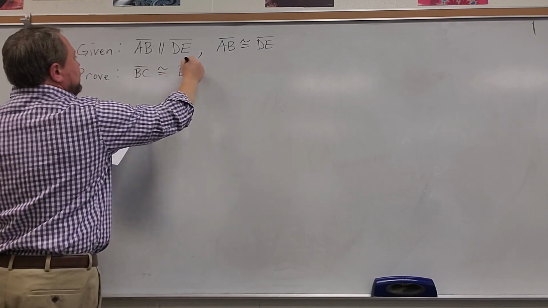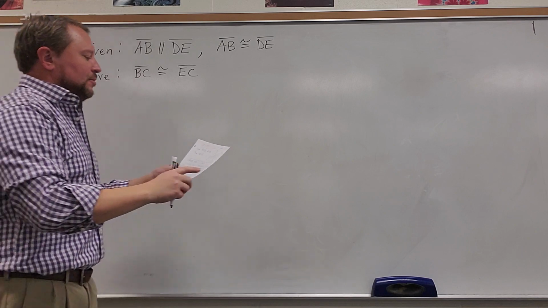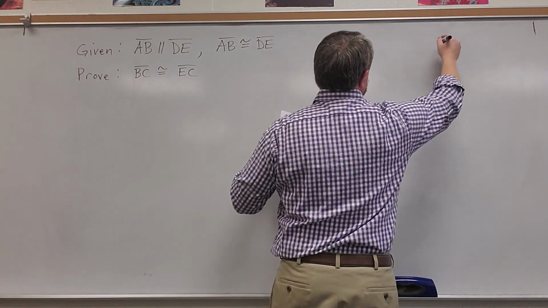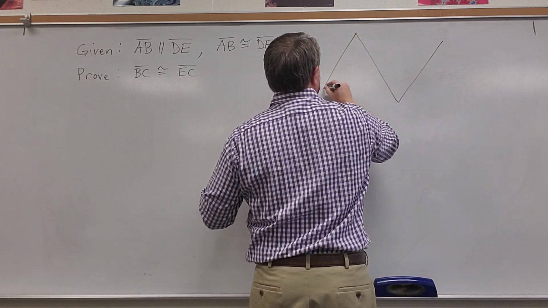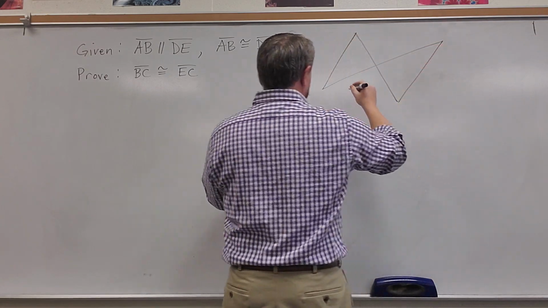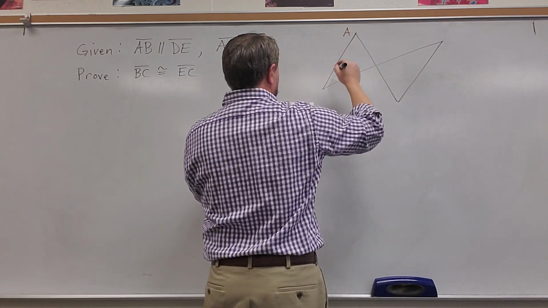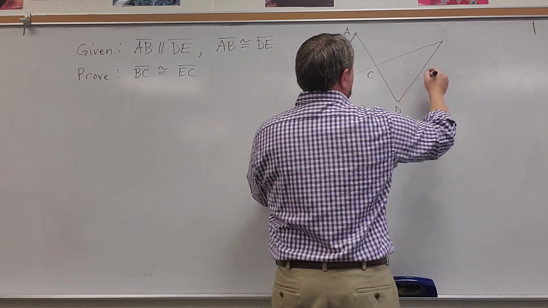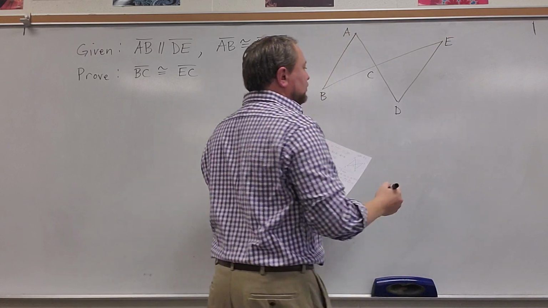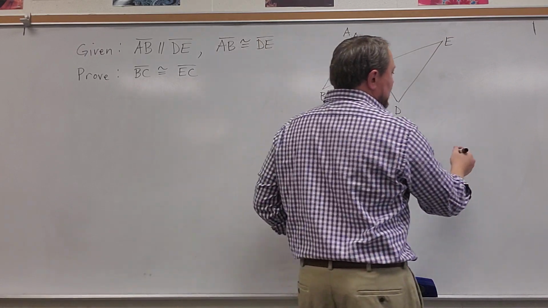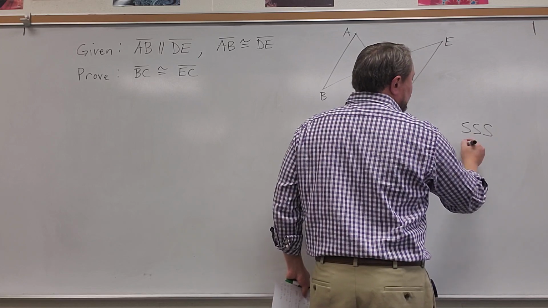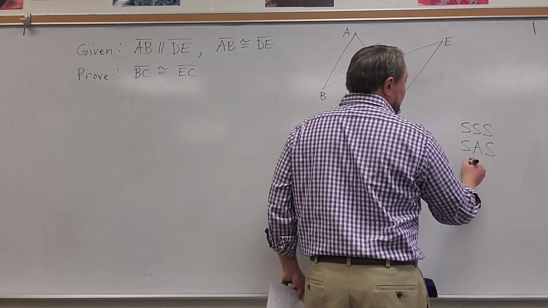On this problem then, we're trying to prove that BC is congruent to EC, and of course we need a picture to go along with all this. So our picture looks like this. And off to the side here again, I'm just going to put that list up here again of all our shortcuts on how to prove a triangle congruent.